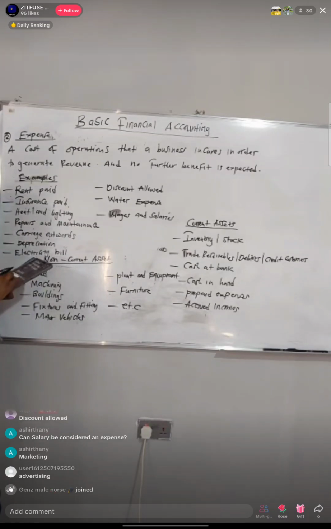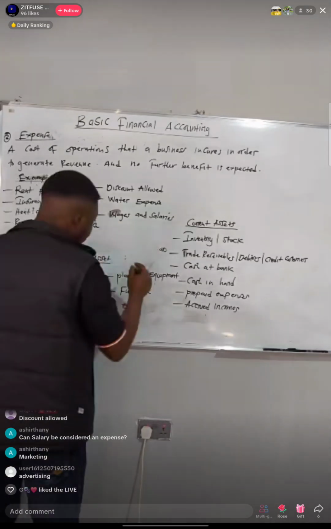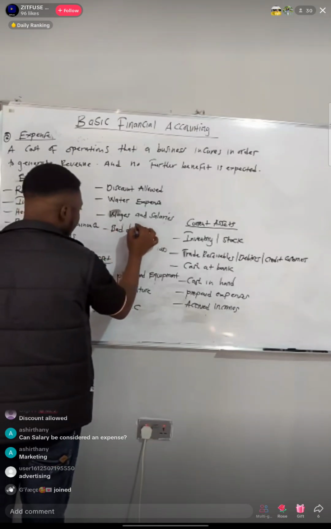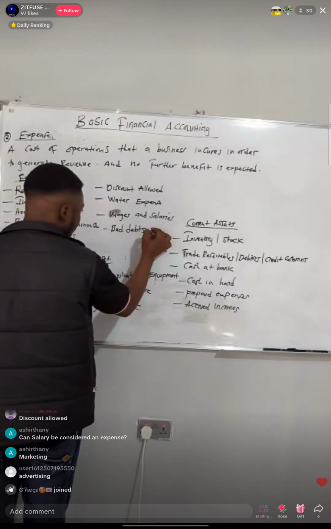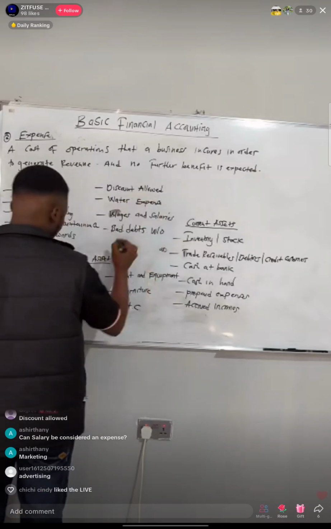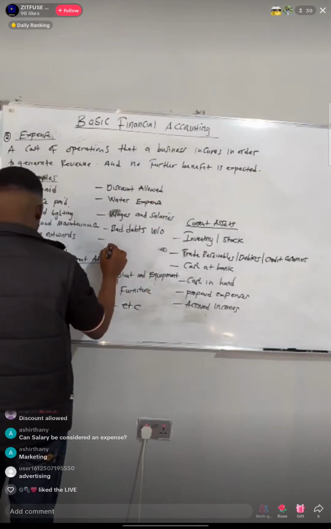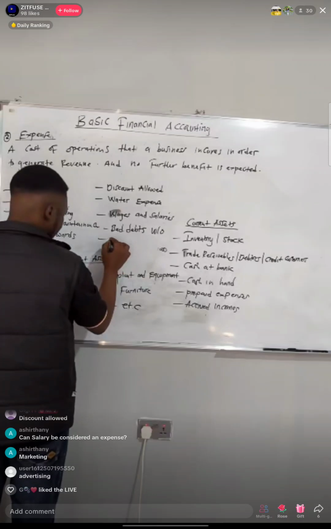I was just trying to put examples of the famous ones that you ever find. We can also put bad debts written off. We can also put postage and stationery.